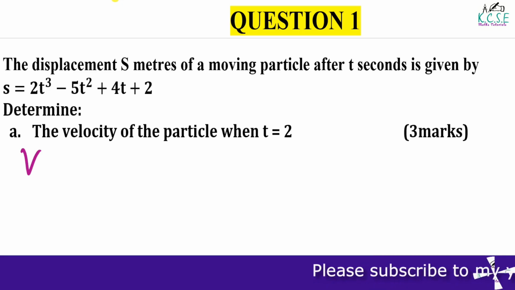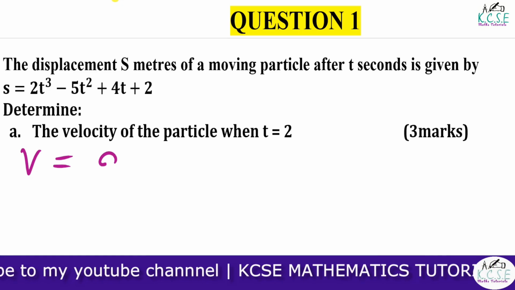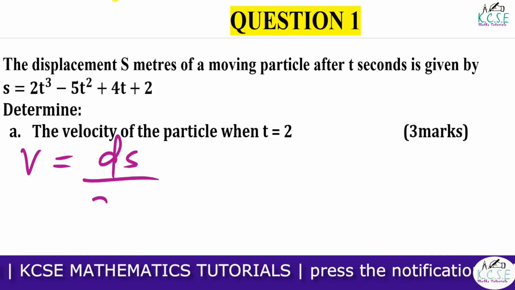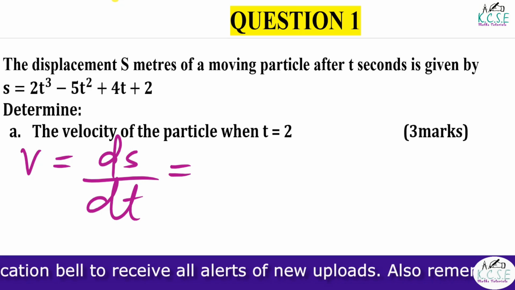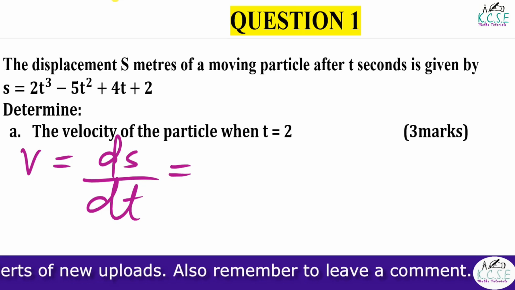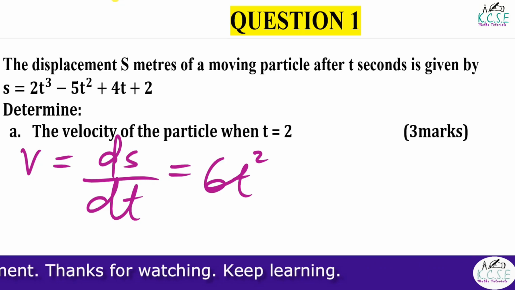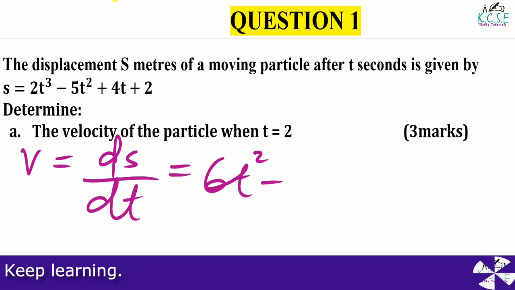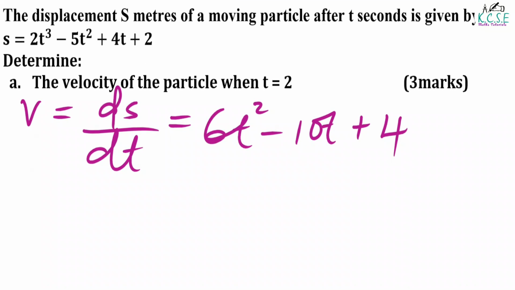When you differentiate this displacement with respect to t, we get 6t squared minus 10t plus 4.